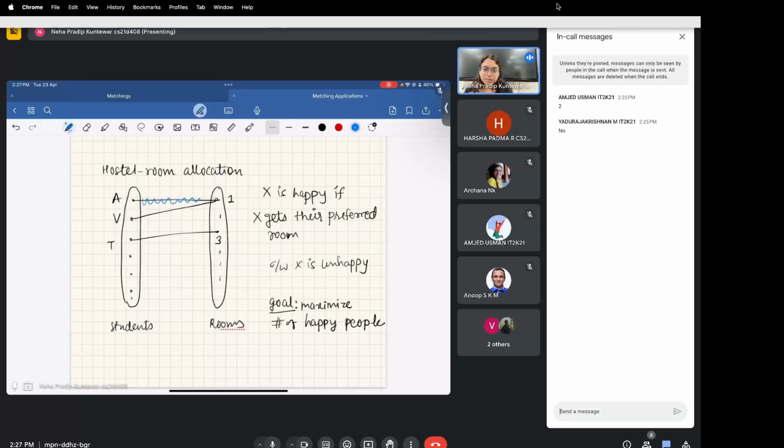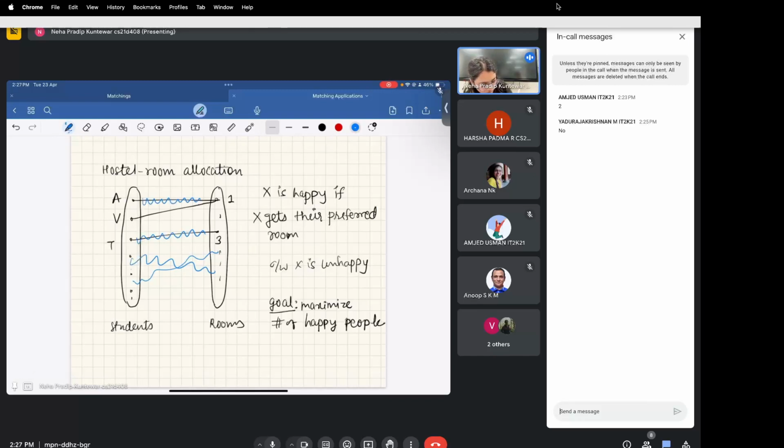Let us denote it by this blue edge, and let's say Tulsi gets this room 3, and so on. Similarly, you have other assignments for everyone. So what we are trying to do is maximize the number of edges that we can pick from this. That is exactly what a maximum matching is.